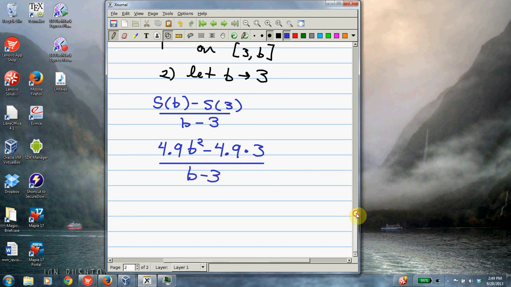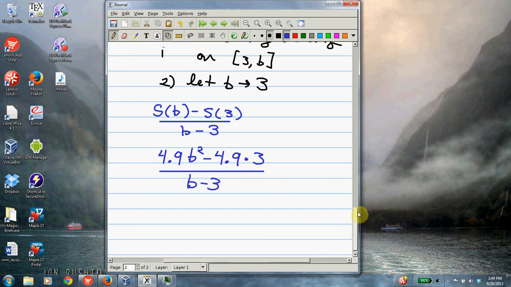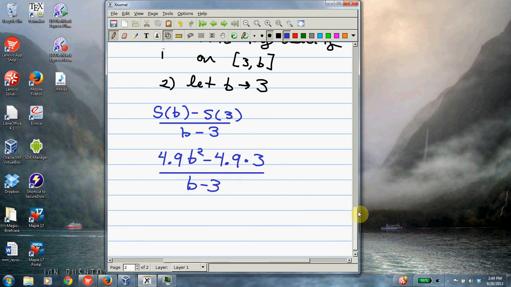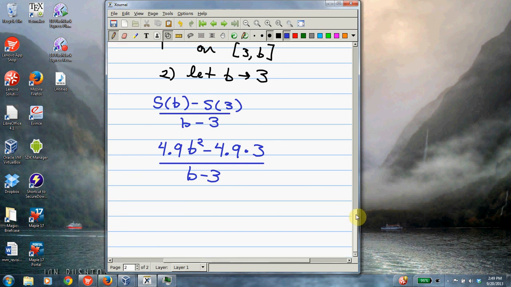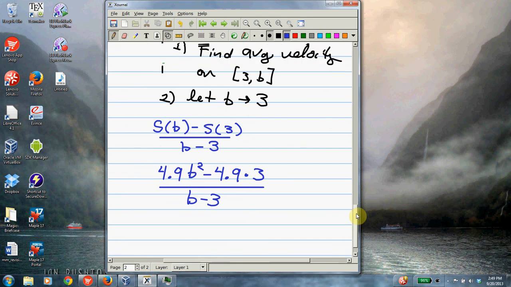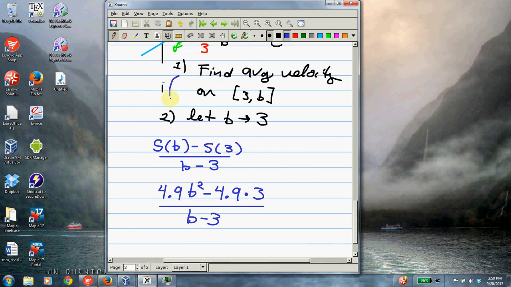Okay. And so that's it. So before b was 5, but now b is just b, and we want to figure out what happens to this thing as b goes to 3. Okay, so we're moving now from the end of the first step in our plan to the beginning of the second. Now we're going to look at the limit as b goes to 3.